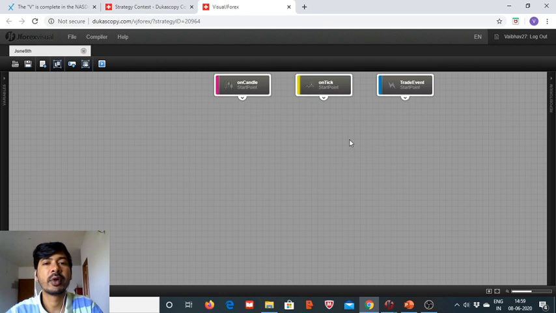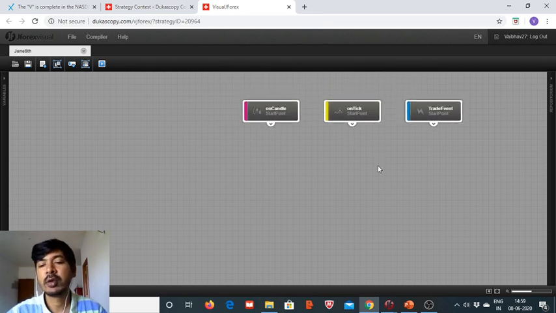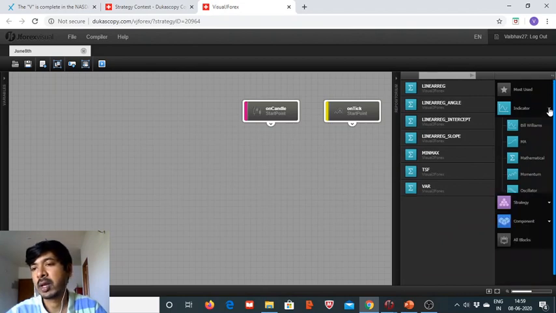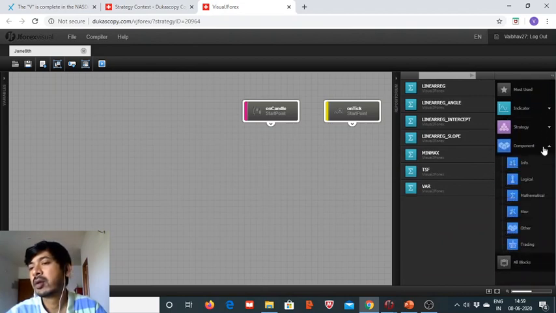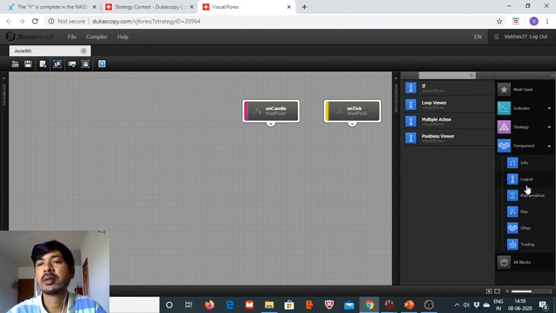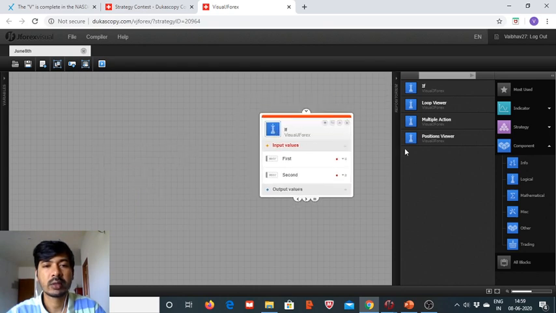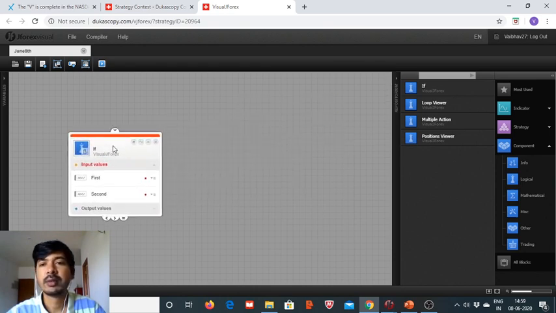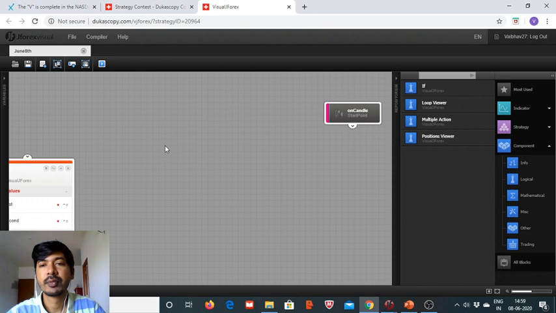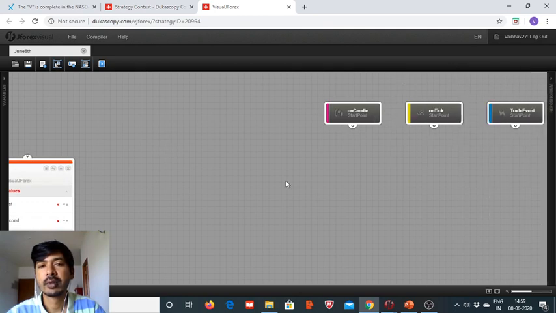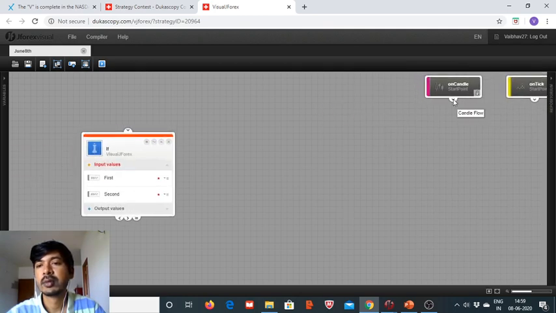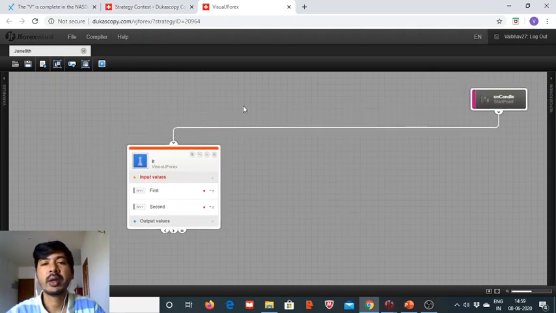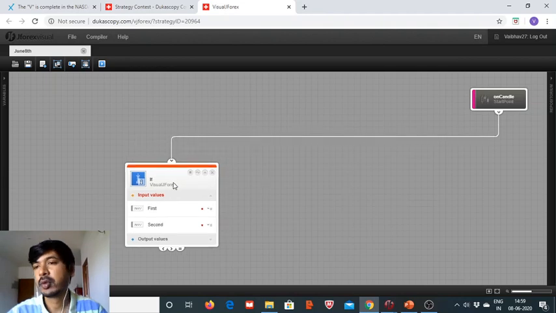On the Visual J Forex platform, the first thing we will need to do is the instrument subscription. For that, we are going to need the logical candles and if blocks, and here we will do the instrument subscription.